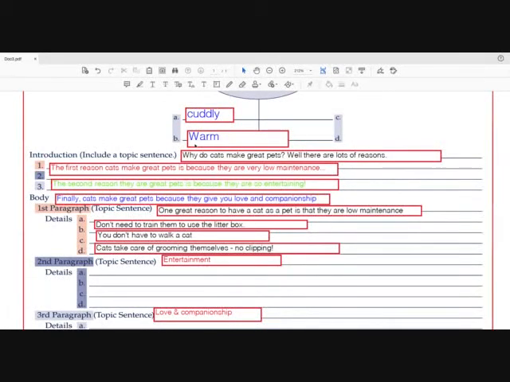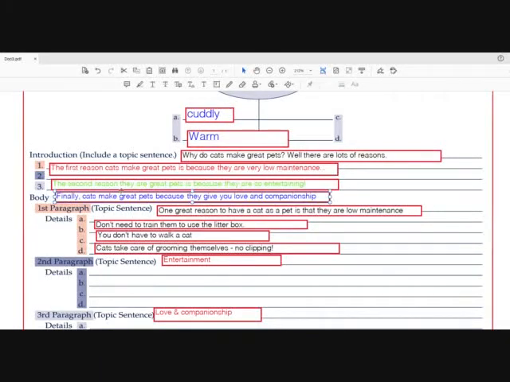If you read through this, you can sort of see, why do cats make great pets? Well, there are a lot of reasons. The first reason cats make great pets is because they are very low maintenance. Second reason they're great pets is because they're so entertaining. Finally, cats make great pets because they give you love and companionship.